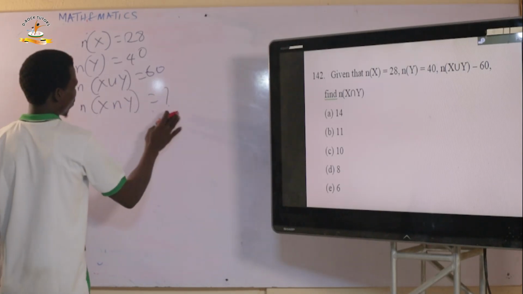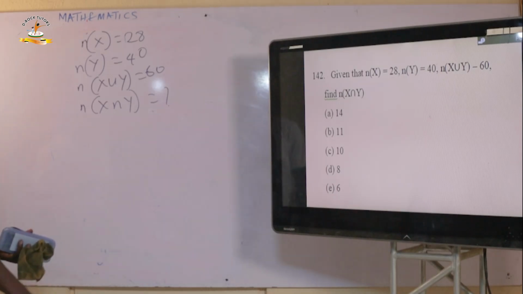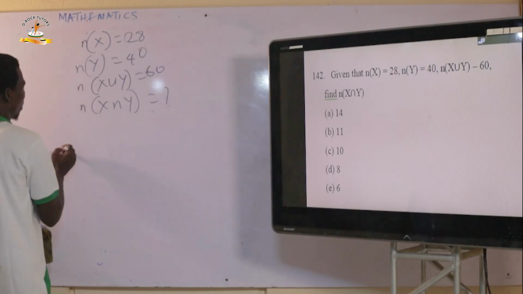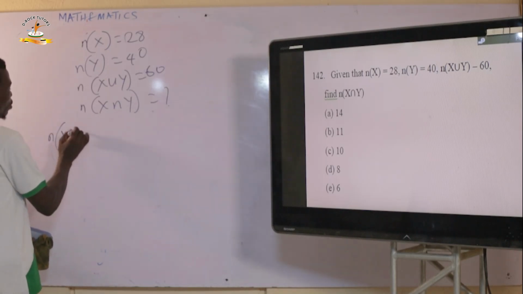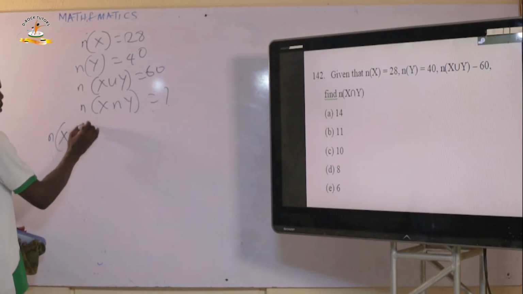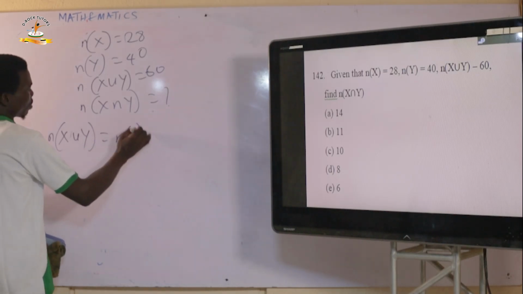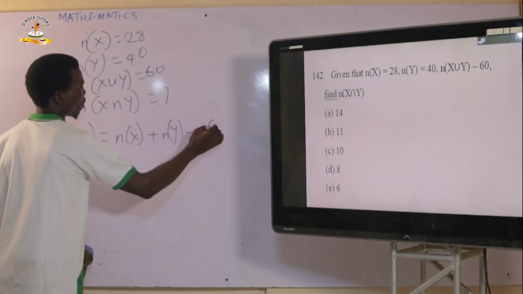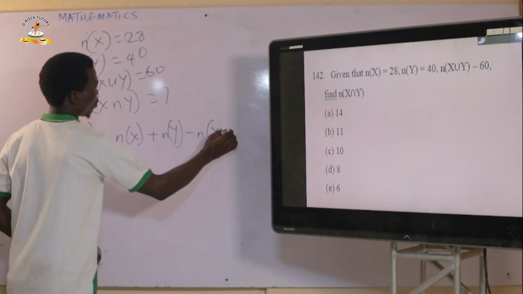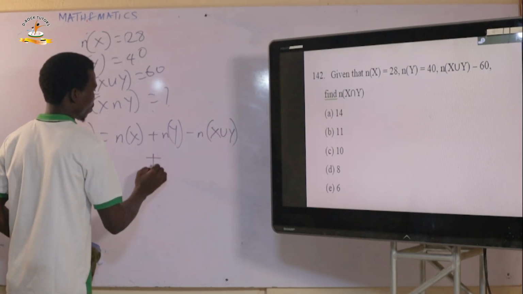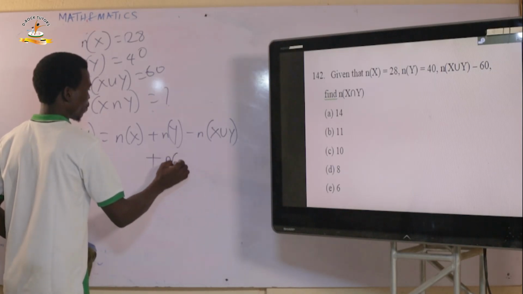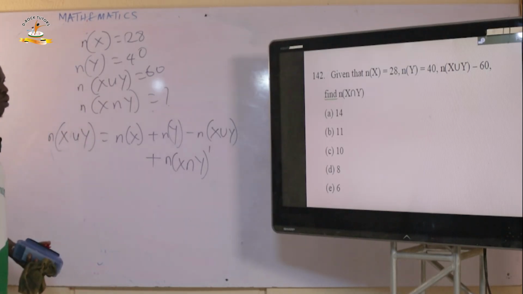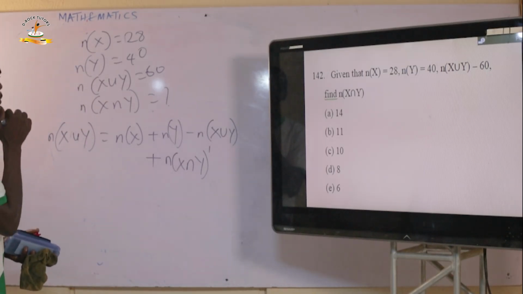So let's just call this x or anything. However, don't forget our De Morgan's theorem. De Morgan's theorem says for two sets, x union y is what? Cardinality of x plus cardinality of y minus cardinality of x intersection y, and plus what?